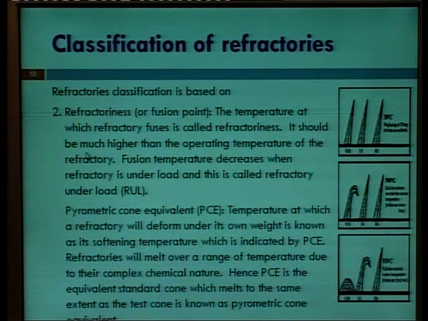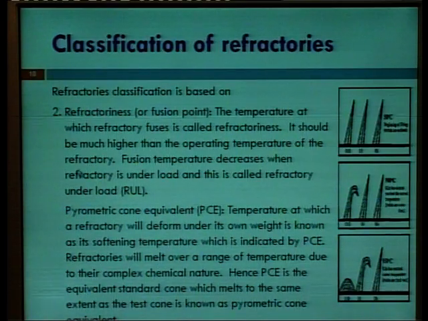It should be much higher than the operating temperature. I am using this refractory somewhere else, what for? To sustain high temperature. If it starts melting before the temperature which I wanted to achieve in the particular furnace, then I cannot use that refractory. That is why it is written here: it should fuse at a much higher temperature than the operating temperature.